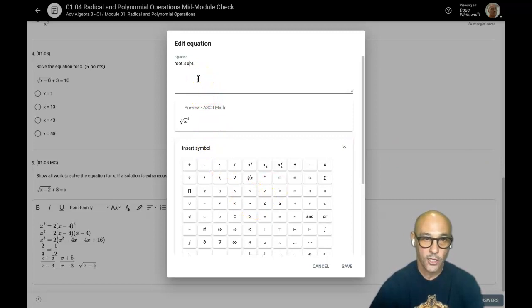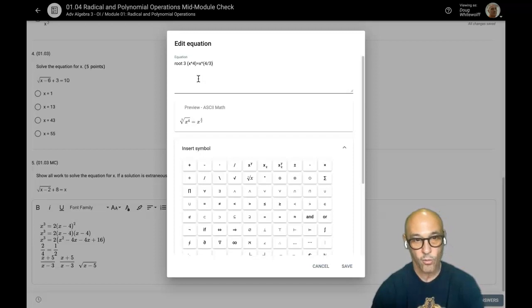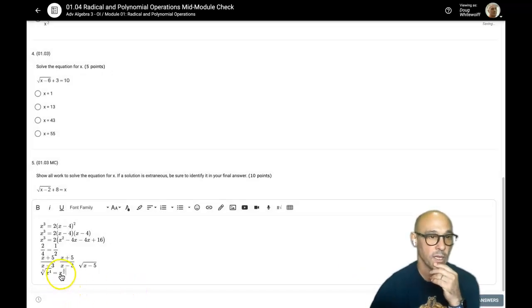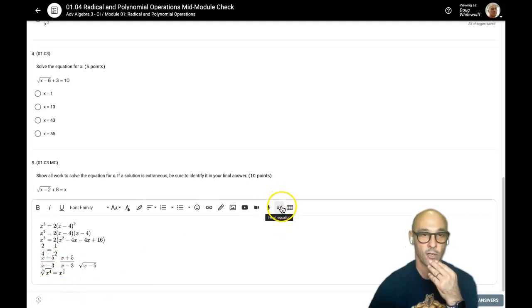And we want to make sure that that 4th power is underneath that root, so we have to put parentheses. Well, that equals x to the power, and it's going to be 4 divided by 3, and we need to put that in parentheses as well. So knowing where to use parentheses is really important for using this equation writer.